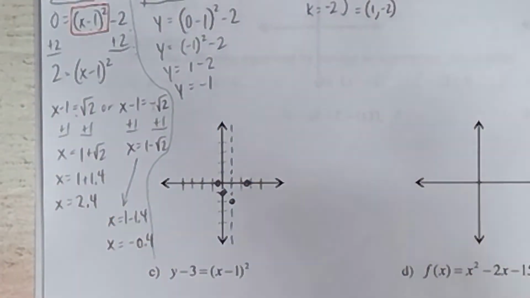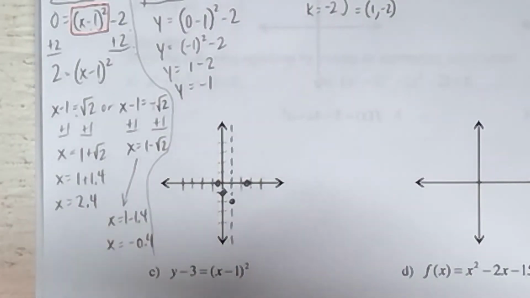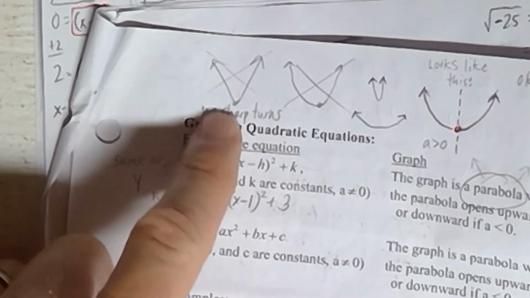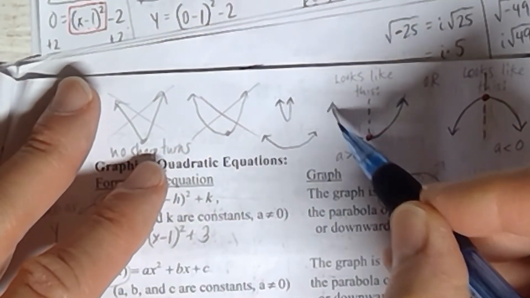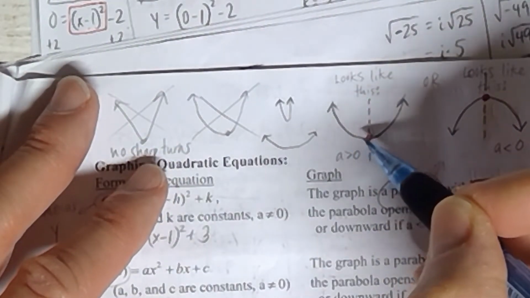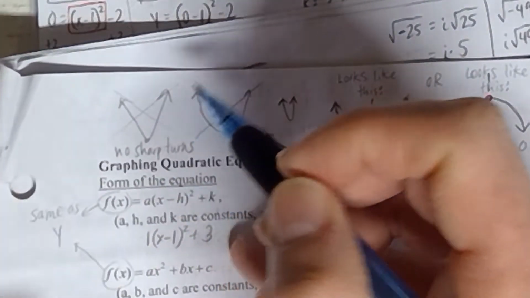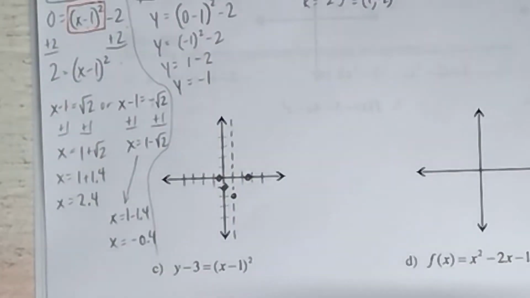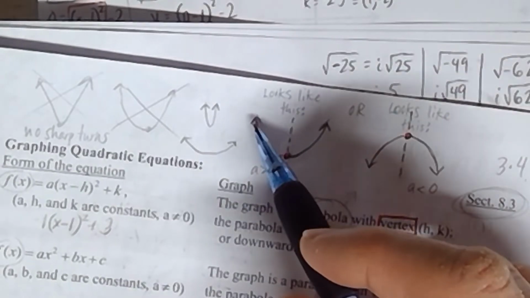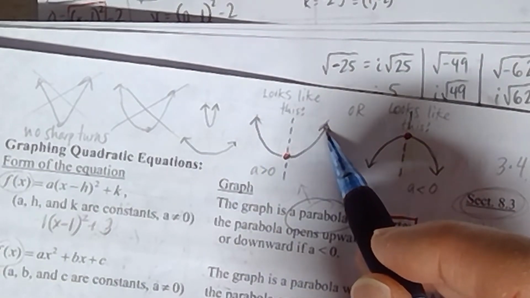Before I draw out a couple of the key points, it's got to be a smooth looking shape, you guys. All right, it cannot be, for example, a sharp turn here like a V shape would be. It has to be a smooth looking shape here, nice smooth turn, all right, not a sudden sharp turn like a V shape would be. The other thing is that, as you can see here on our parabola shapes, they have arrows on both ends, don't they?